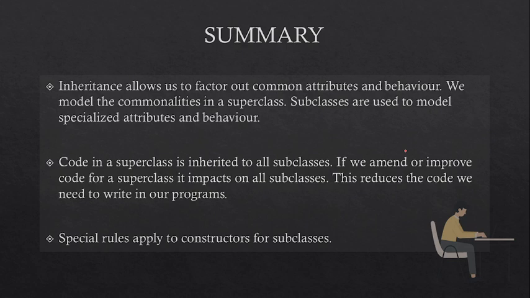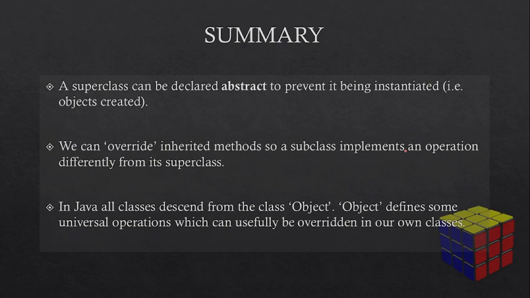And so when we're trying to create classes for subclasses, we try to apply special rules to constructors. And then here you can state the superclass. You can declare it as abstract to prevent it from being instantiated. So para hindi siya magamit ng program.